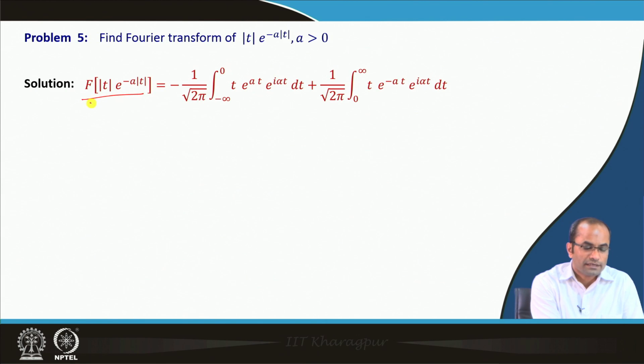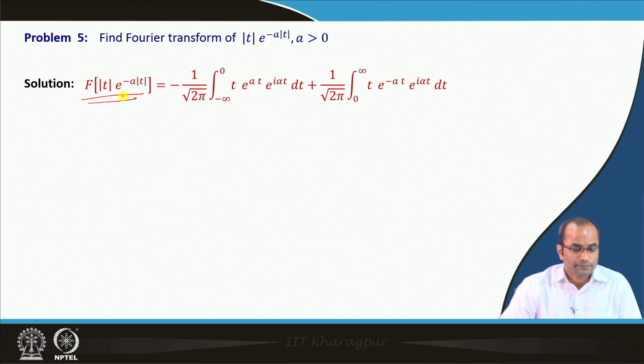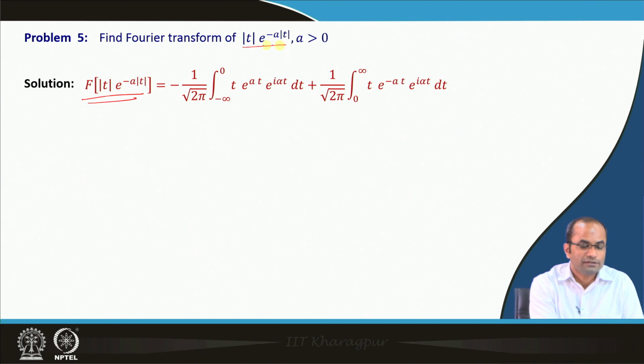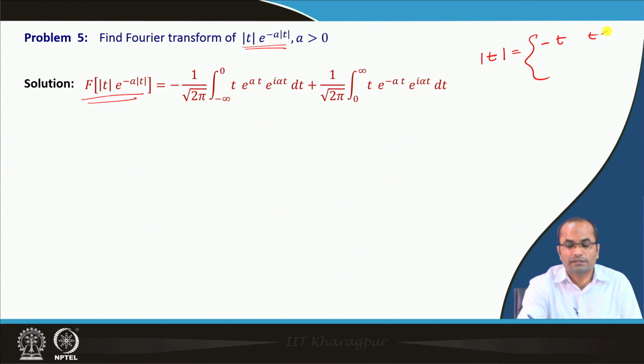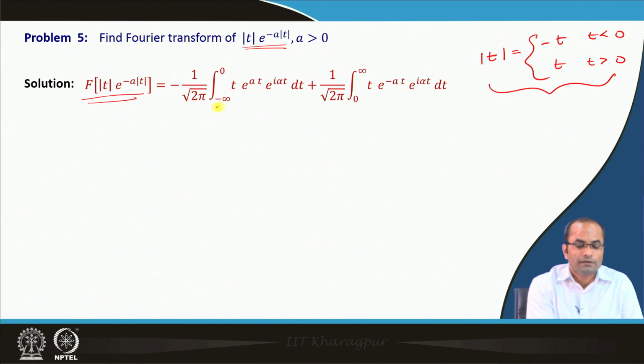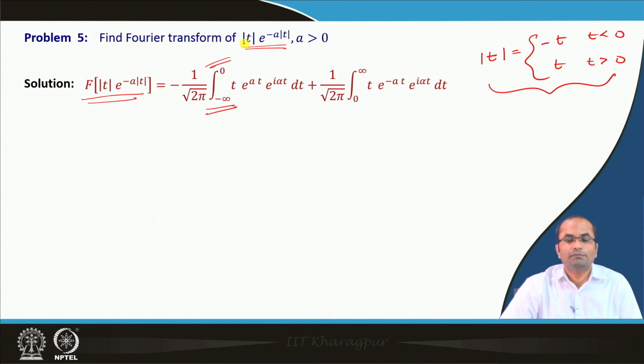So, in this case again we will apply the definition of the Fourier transform over this given function, and what we observe, because here we have this absolute value of t, which says that it is minus t when t is negative and t when t is positive. So, with this consideration, in the minus infinity to 0, the mod t will become minus t.